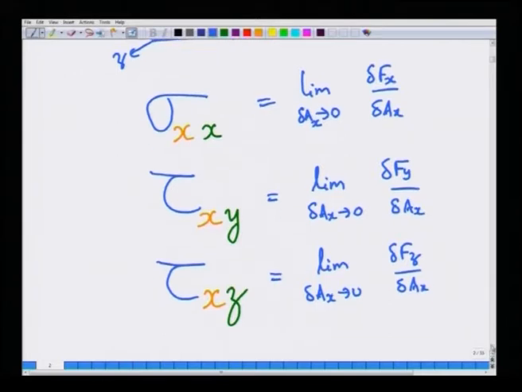Now, let me explain the reason for the two subscripts. The subscript in the orange color refers to the direction of the unit outward normal to the surface on which we are considering the forces.